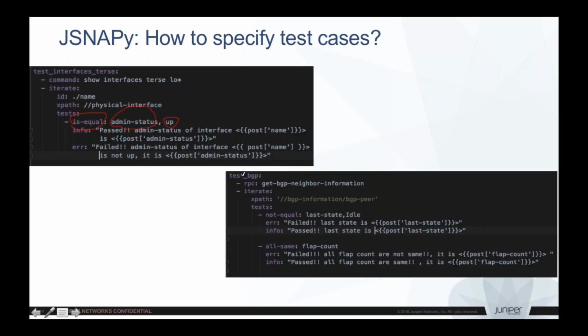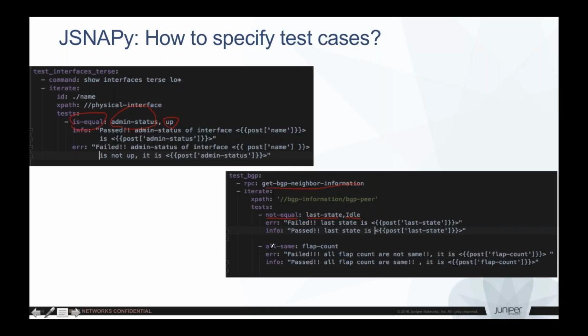Let's look at another test case. The BGP test case is utilizing the RPC get BGP neighbor information. Here I have two test cases defined. One is a not-equal, in the sense that the last status, I don't want it to be idle. I don't expect it to be idle.